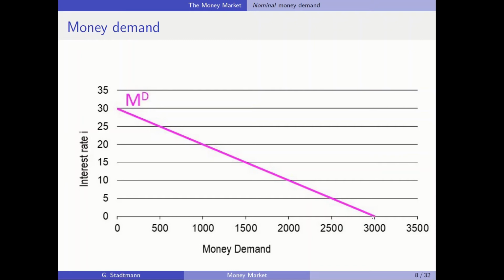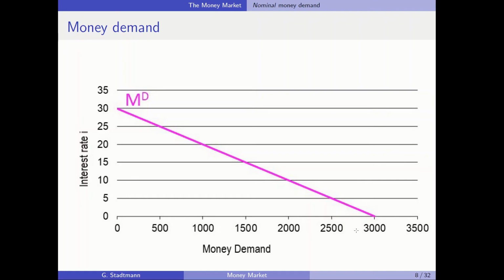We have found 2 points for our money demand relationship. When we combine these 2 points, these 2 extreme points, then we get the money demand function. So we were able to derive our first characteristic of this money demand relationship. The money demand curve has a negative slope in this interest rate money demand diagram.